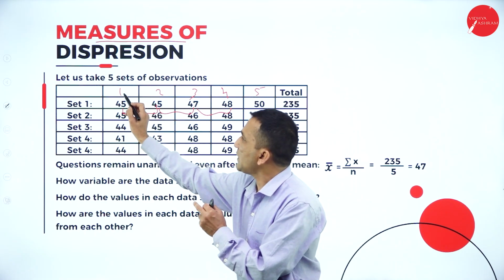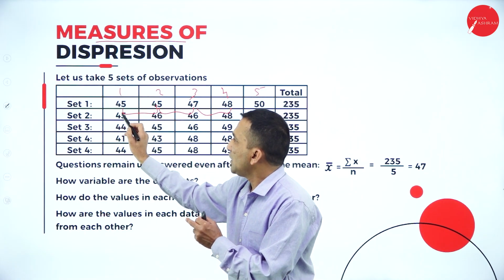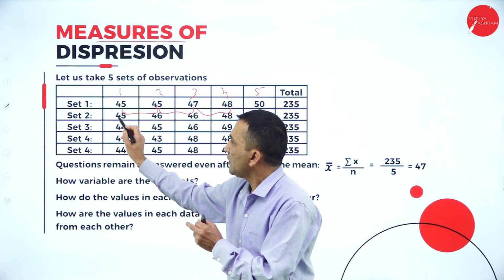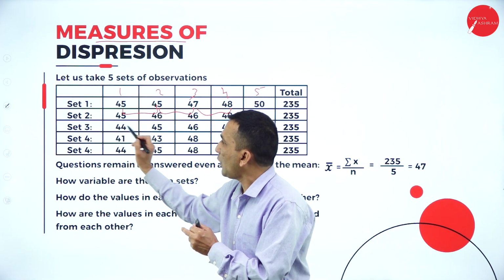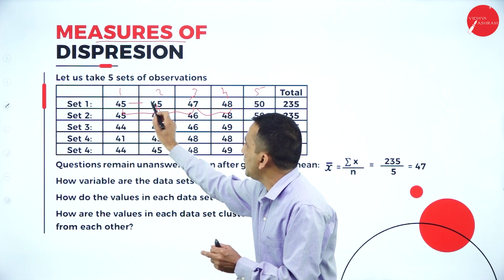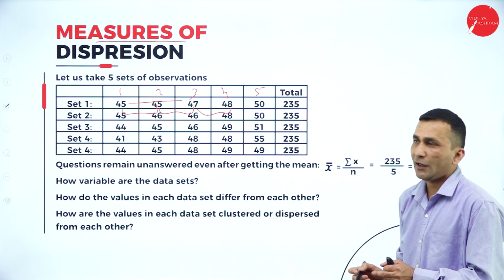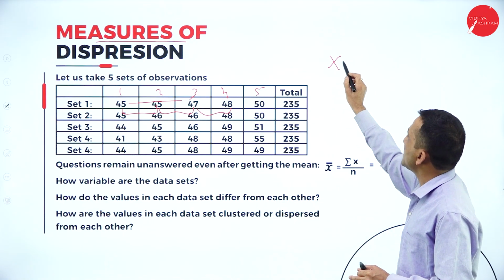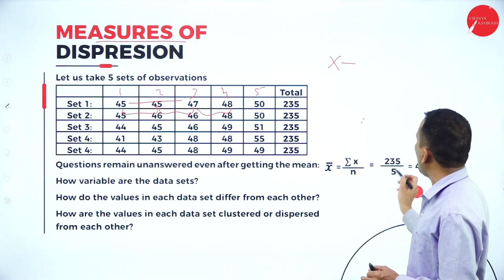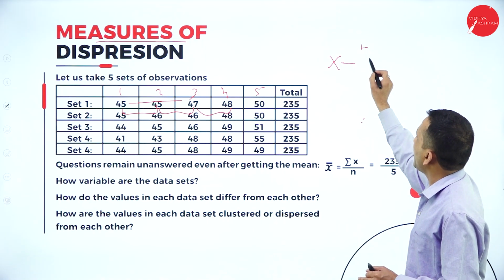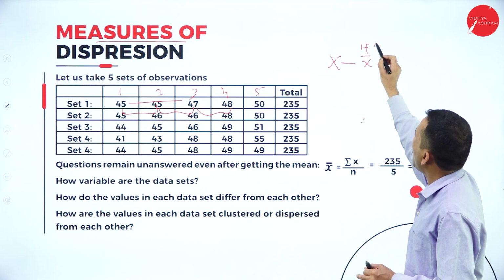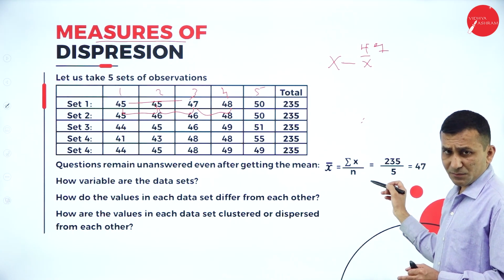Now if you take the first number, 45 from the first set, the second set 45, the third set 44. Now when you are finding the variations for each one, for example, from the X series, after calculating the arithmetic mean, here x bar is already calculated in this problem.